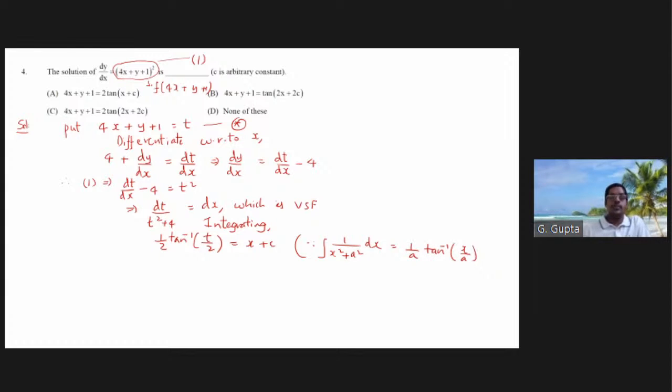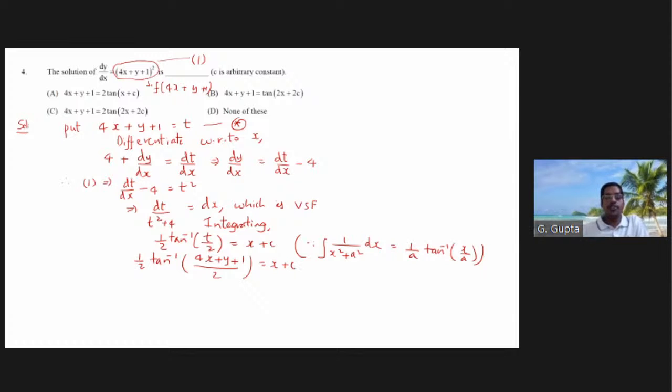So back to variable, t is nothing but 4x plus y plus 1, so 1 by 2 tan inverse of (4x plus y plus 1) divided by 2 is equal to x plus c, which is not in the option form.